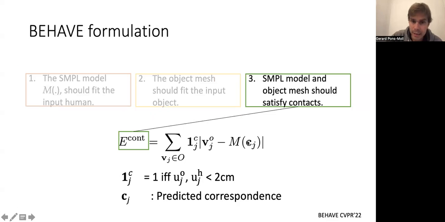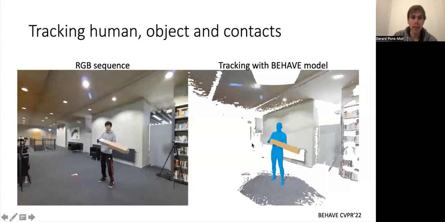And for these contact points, we want that the vertex of the object matches the point in the simple model, which is M of Cj. So these are the 3 constraints.